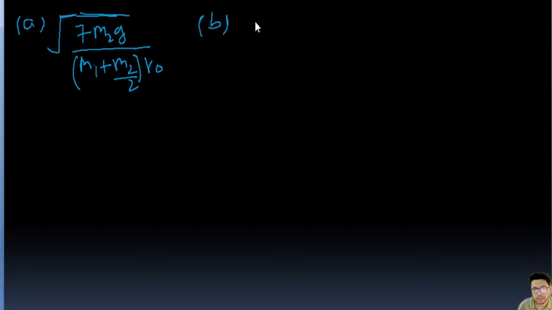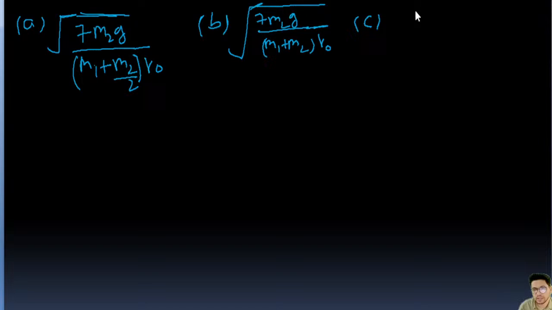Option B is root 7m2g upon m1 plus m2 r naught.